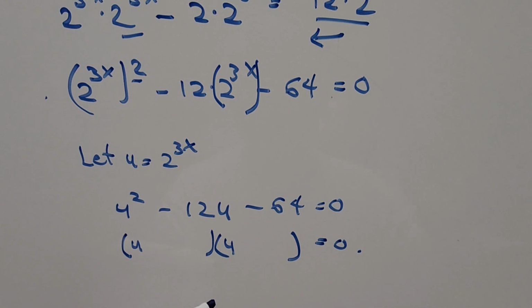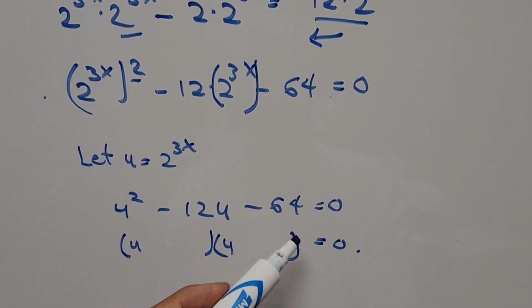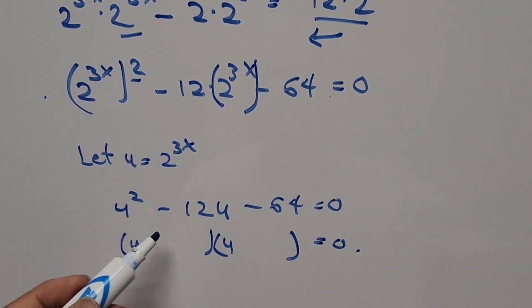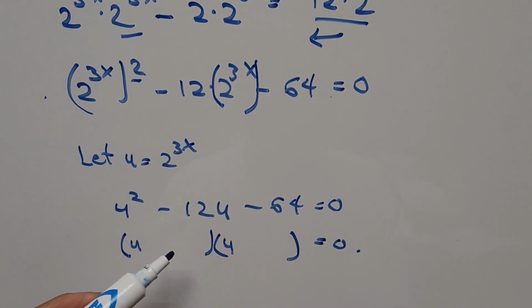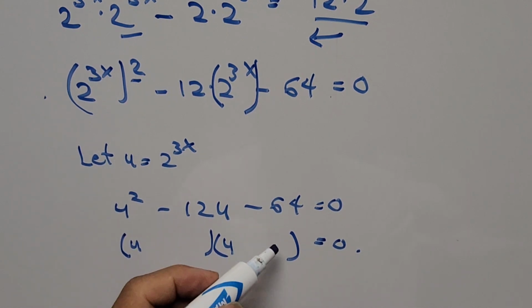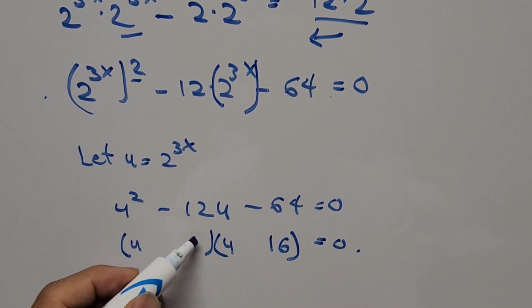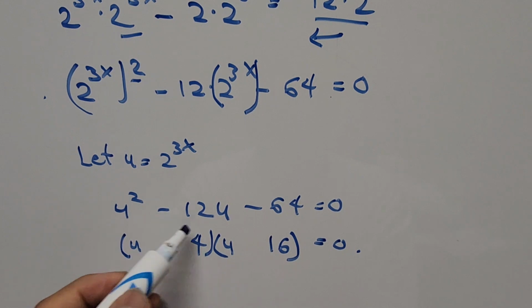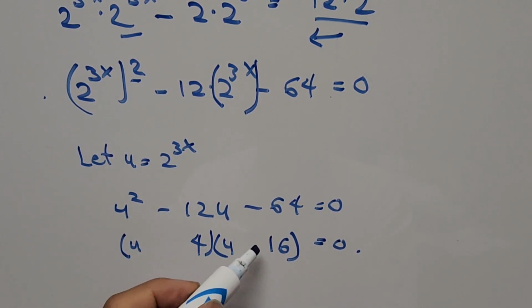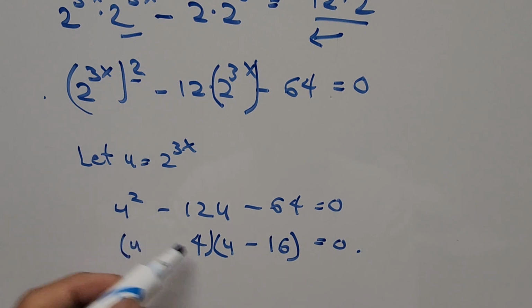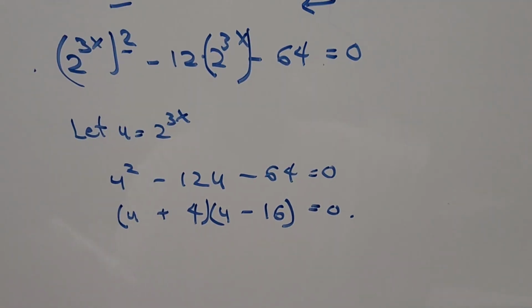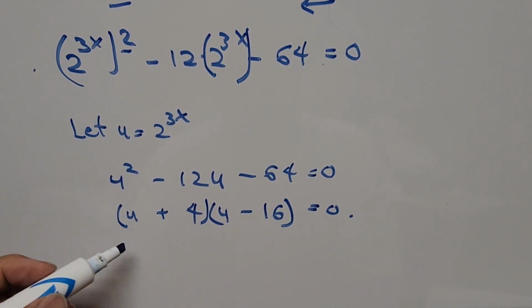The algebraic sum of the factors of negative 64 must be negative 12. Those are 16 and 4. So it'll be 16 here and 4 here. Since the middle term is negative, the bigger value assumes the negative sign, and the smaller value assumes the positive sign.